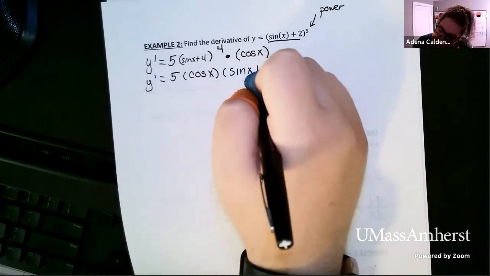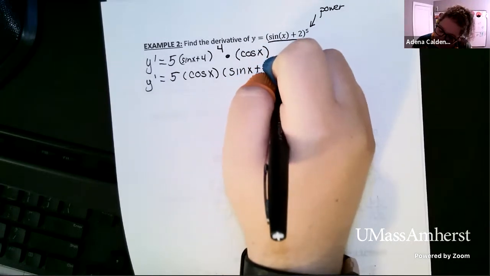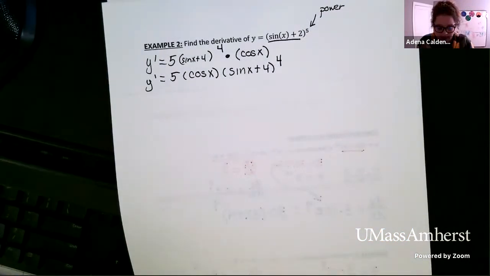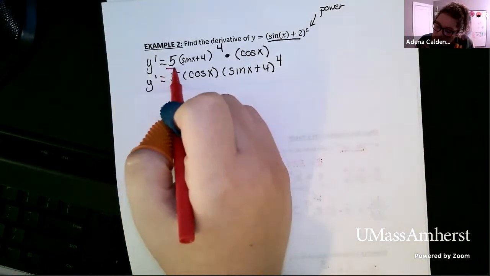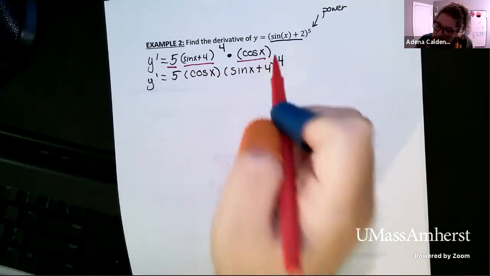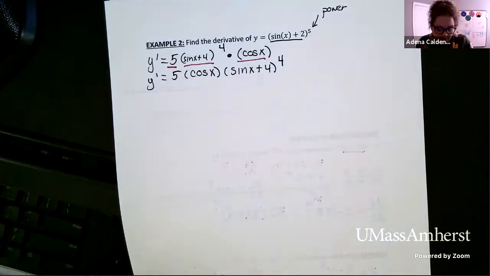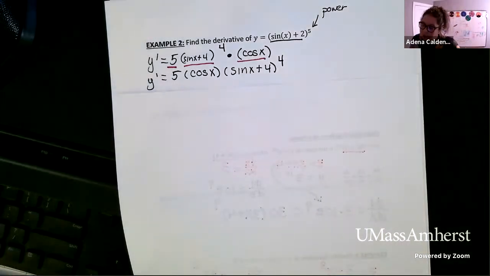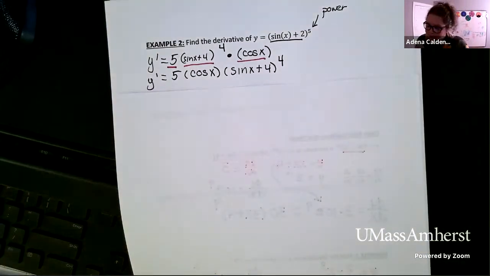And then sine x plus 4 to the 4th. So these are the same two things. And if you had done this slightly differently in a different order, you would essentially just want to look at each factor and make sure it lines up with one of the factors in the answer to make sure that it's the same thing. Okay, so that's what the first derivative of this function looks like using that chain rule.